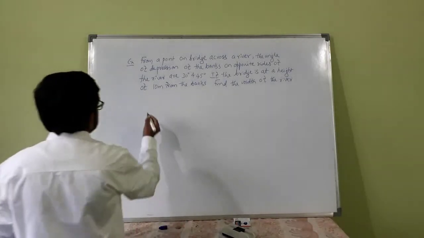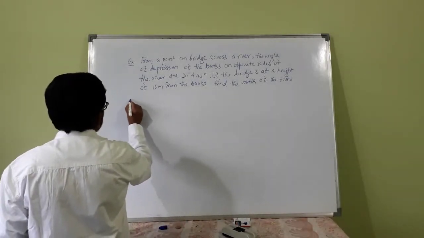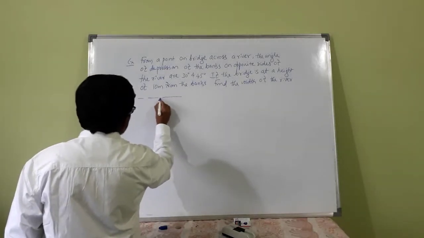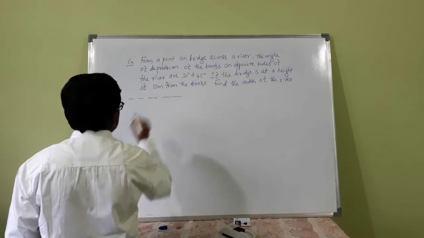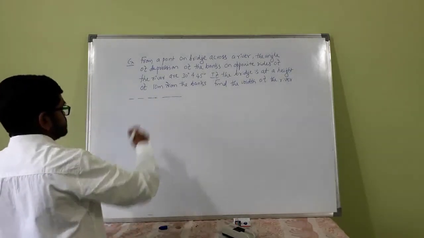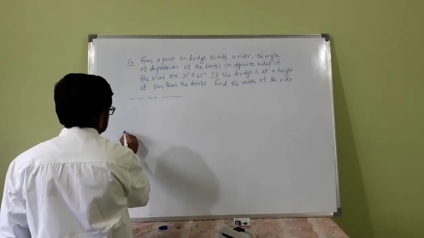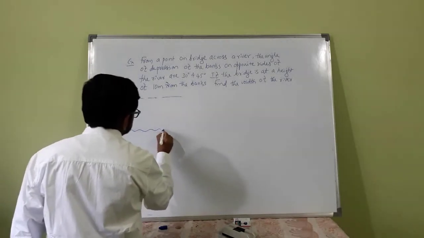Okay, what is asked here? What is given? Suppose here is a bridge. Somewhere here a person is seeing the river.